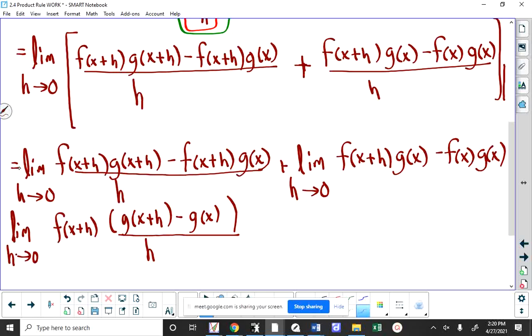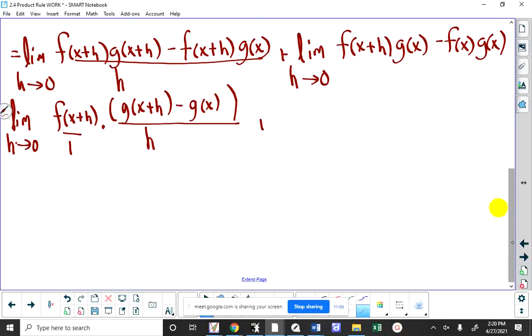Now I'm factoring that f of x plus h out of the top, but then I can just say, well, it's over 1, and I'm multiplying by whatever's left. So it's still part of the top, but I've moved it away from the top a little bit. This is plus the limit as h approaches 0.